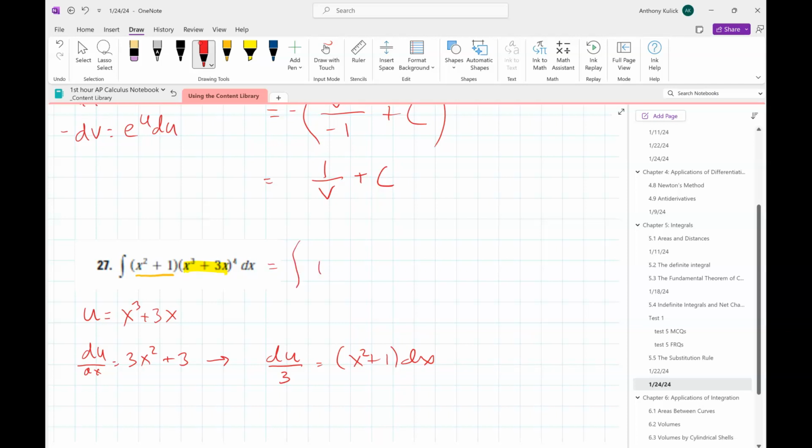So we have now u to the fourth times du over 3. I'll just pull that 1/3 out front. And again, now this is just a normal power property antiderivative. So we have 1/3 still u to the 5 over 5 plus c.